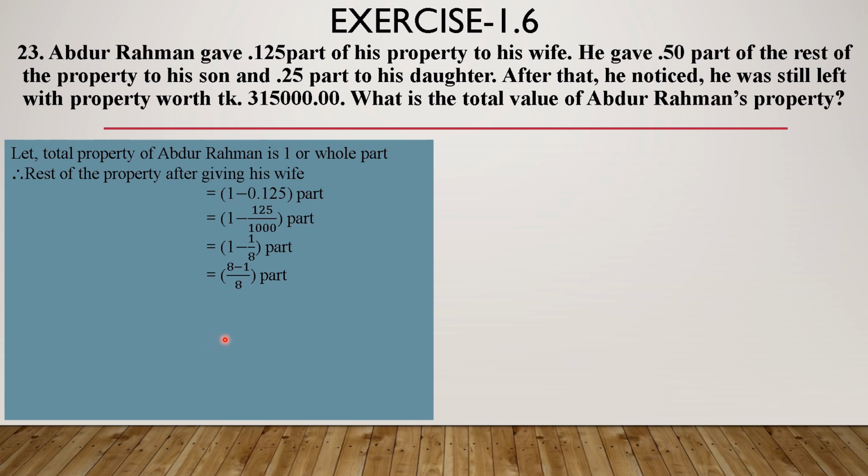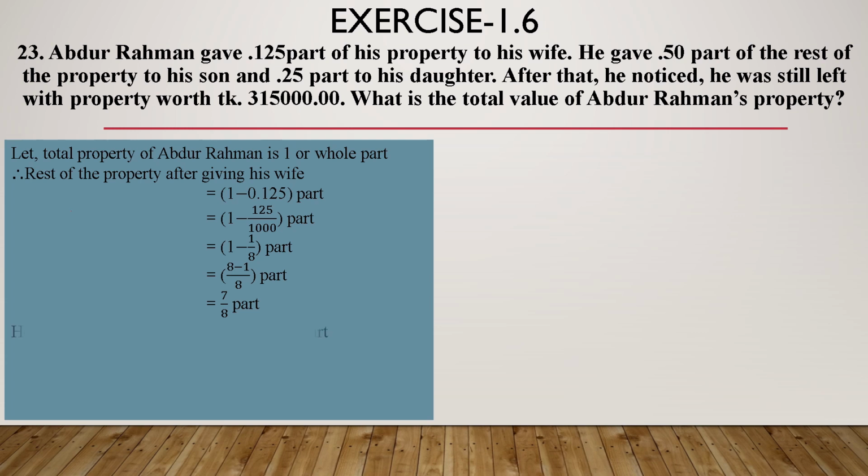After that, you can see 8 minus 1 is 7 divided by 8 part. So the rest of the property we got after giving his wife is 7 by 8 part, my dear.